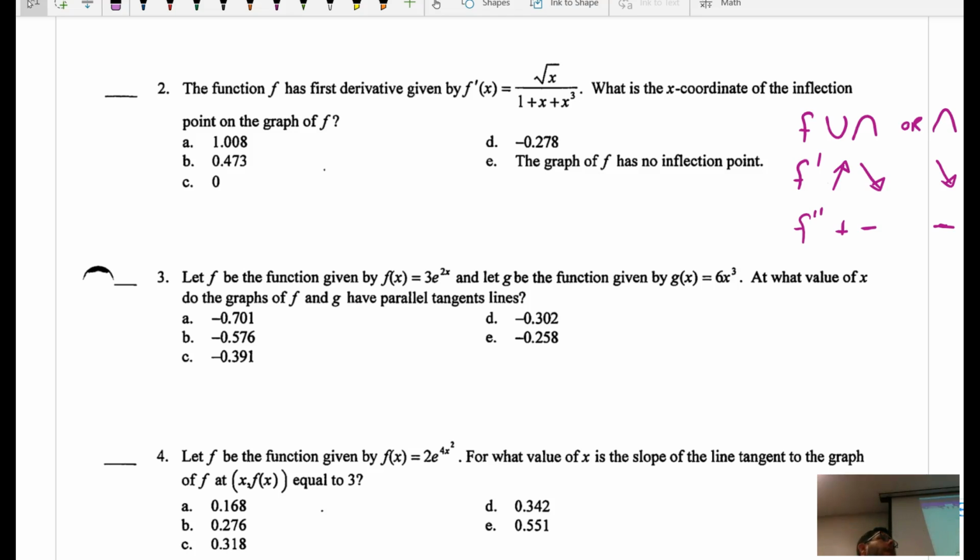Because we're looking for an x coordinate, and the answer choices are x coordinates, and the smallest x coordinate they have is negative 0.2. So negative 0.5 as a left endpoint, and as a right endpoint, Hillary said 2. The largest x value they have there is 1.008, so 2 seems like a pretty good endpoint.